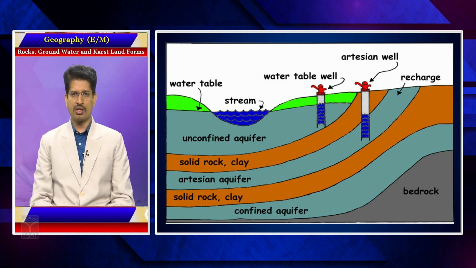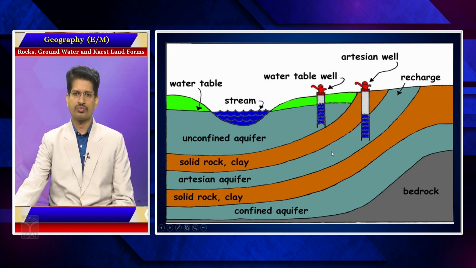To understand what an artesian well is, we have two bore wells here. In the case of an unconfined aquifer, for the extraction of water you need to use certain energy. An electrical motor needs to be used to pump water upwards.